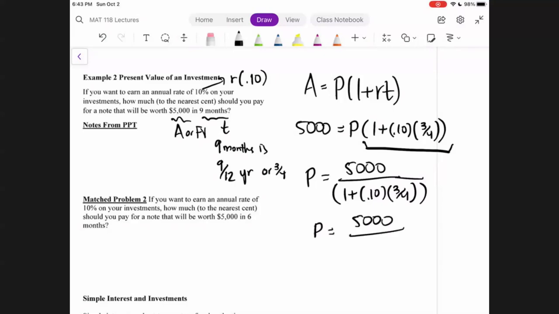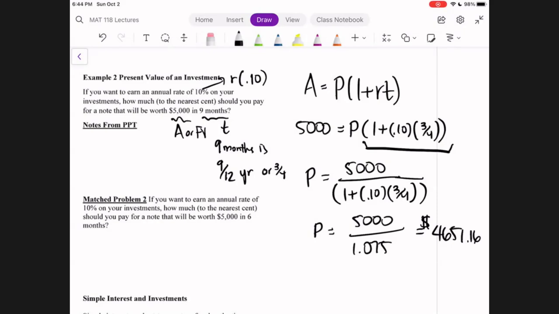Let's figure out what the denominator is first, because that's a lot in your denominator. Just type that denominator part in Desmos, see what you get, and then let's divide the two. 4,651 and 16. So I'm rounding to the nearest cent.